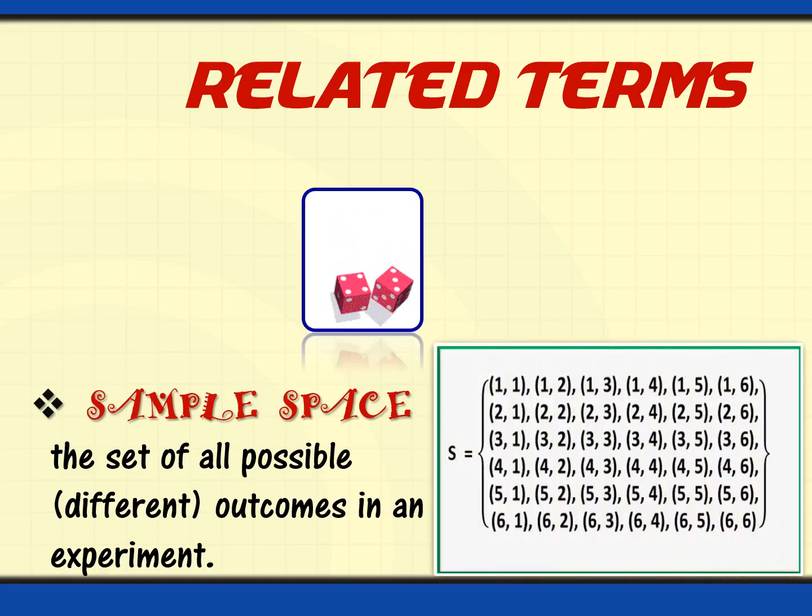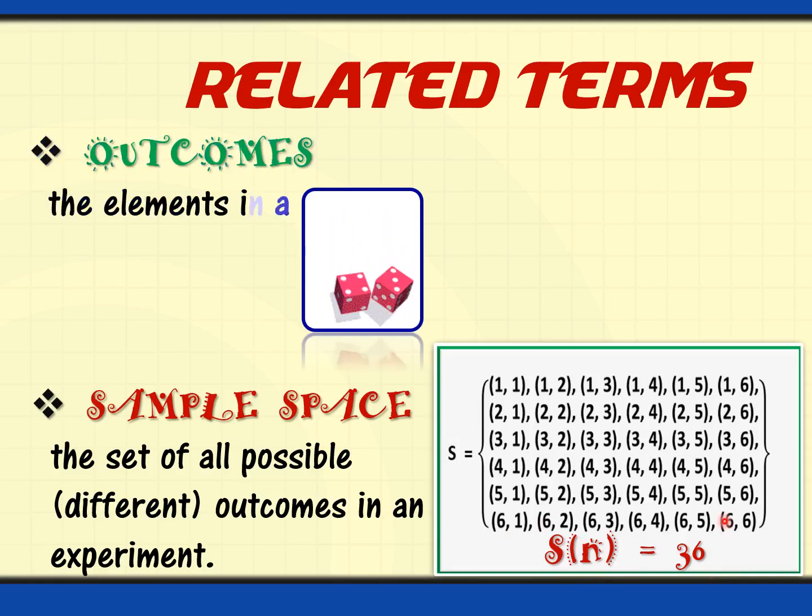In rolling 2 dice, you have 36 possible outcomes. So it is listed here. You have 1, 1, 2, 1, 3, 1, 4, 1, 5, 1, 6, 1, and so on and so forth. And you denote sample space as S of n. So S of n is equal to 36. So there are 36 possible outcomes in rolling 2 dice.